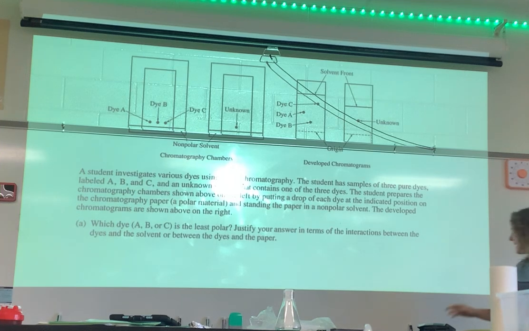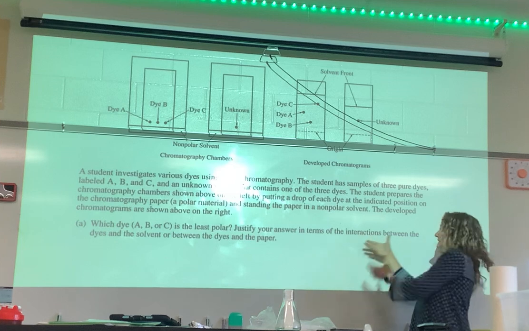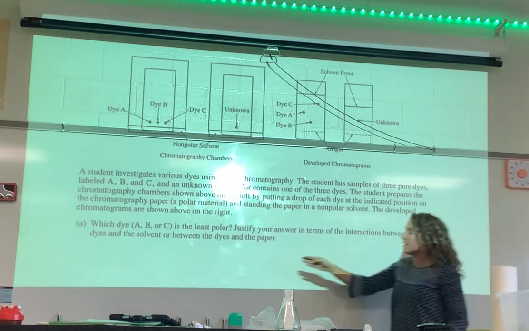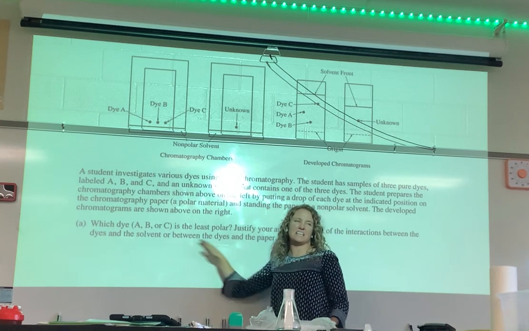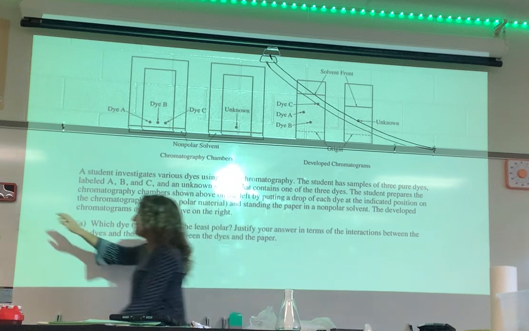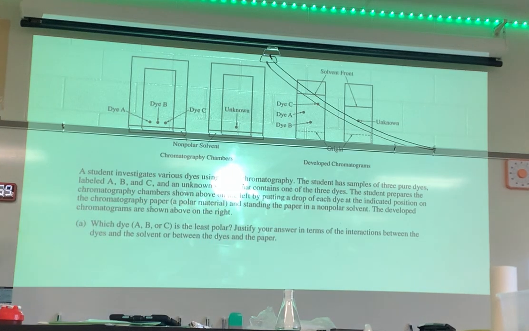So this is a great reminder: if it says justify in terms of, this has to be part of your justification. Make sure you're talking about those interactions, otherwise even if your logic is right, you won't get full points. All right, let's give you 2 minutes. I want you to try to answer it on your own for the first minute, and then after a minute's up, I'll let you discuss with your table, so you can get your brain to think on its own first.